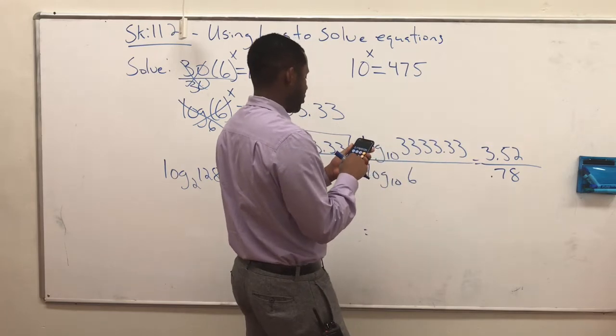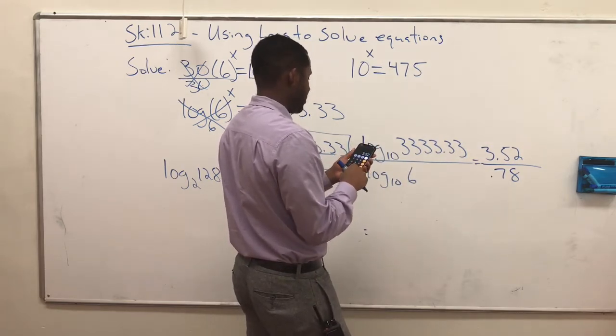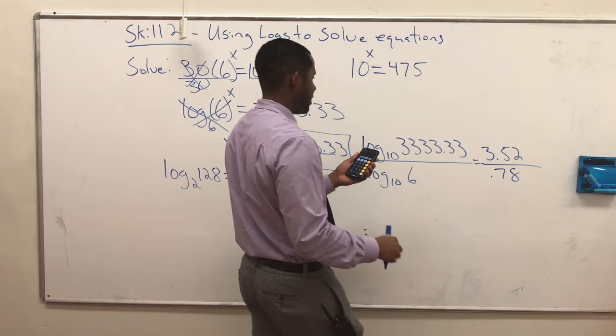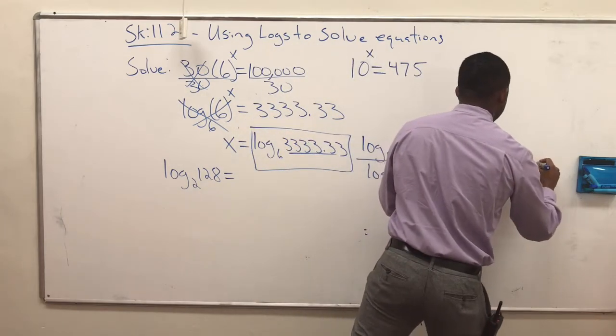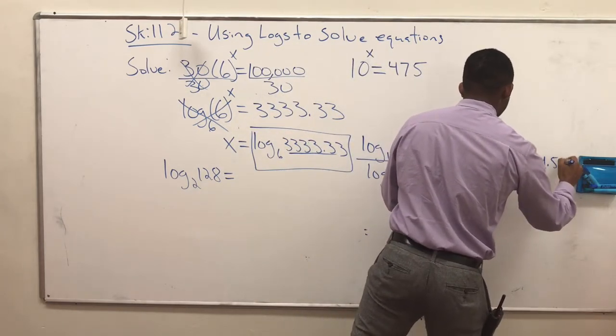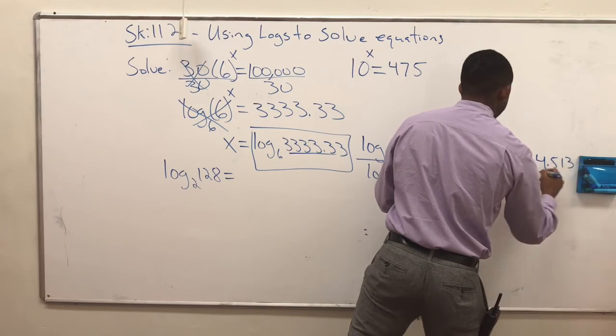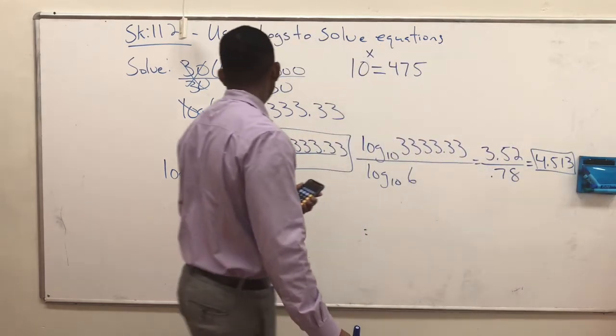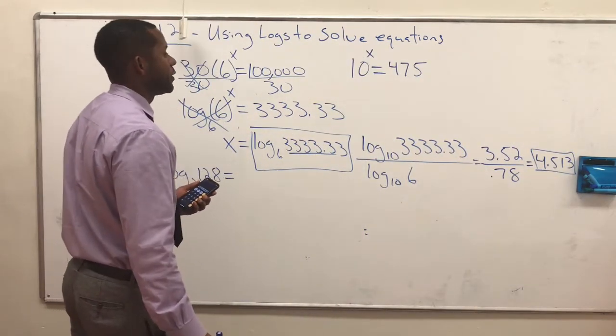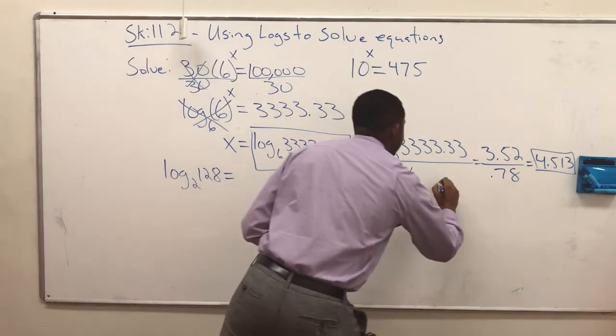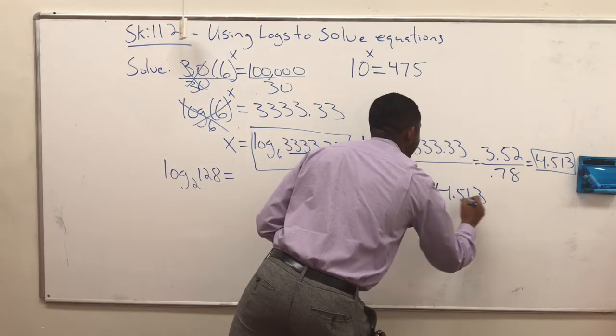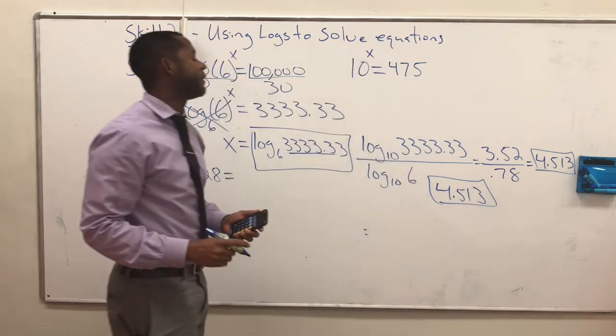And now I'm going to take 3.52 divided by 0.78. And I ultimately get x equaling 4.513. Right? So it's about 4.513 is my final answer.